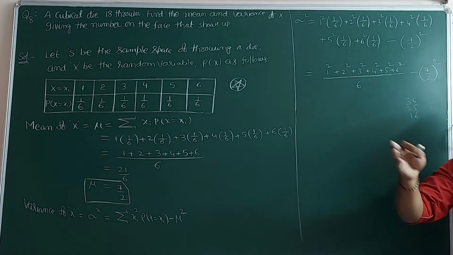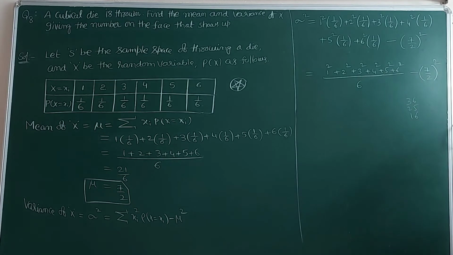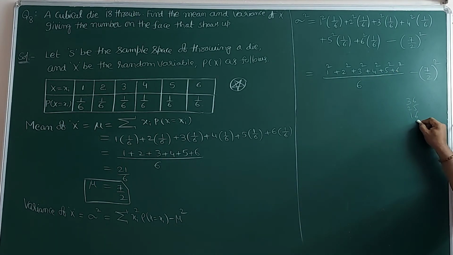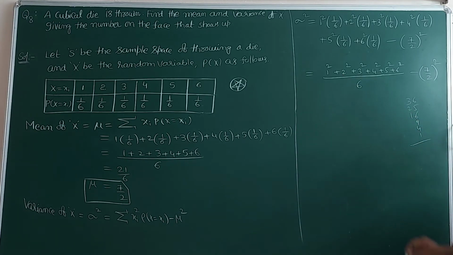Even if you want, we can apply n into n plus 1 into 2n plus 1 by 6, but instead of that, we will do it directly. 9 plus 4 plus 1. 6 plus 5. It is better to tell it this way: 10, 10, 20, 20 plus 11, 31. 6 plus 3, 9, 91.